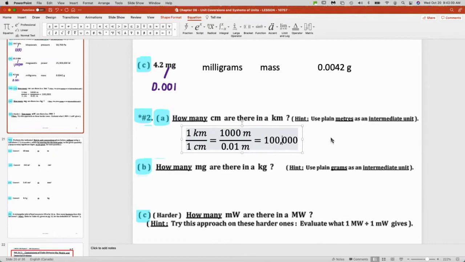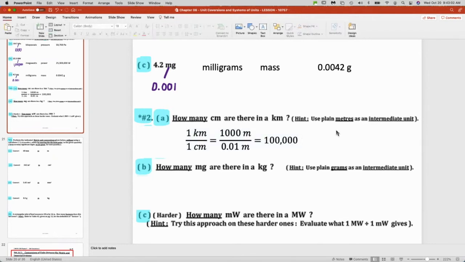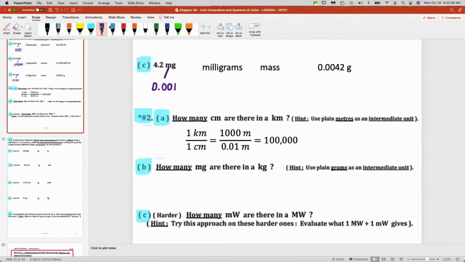So if you're not sure how to do that type of question where it's how many of these are in those, just make a fraction where you're dividing the two quantities. This fraction here doesn't equal 1. This is a fraction that we're reducing. And then you cross out the same units. Yeah. So the way that Marco did it was like this. Marco, I'm gonna probably do a little bit of a stretch here.